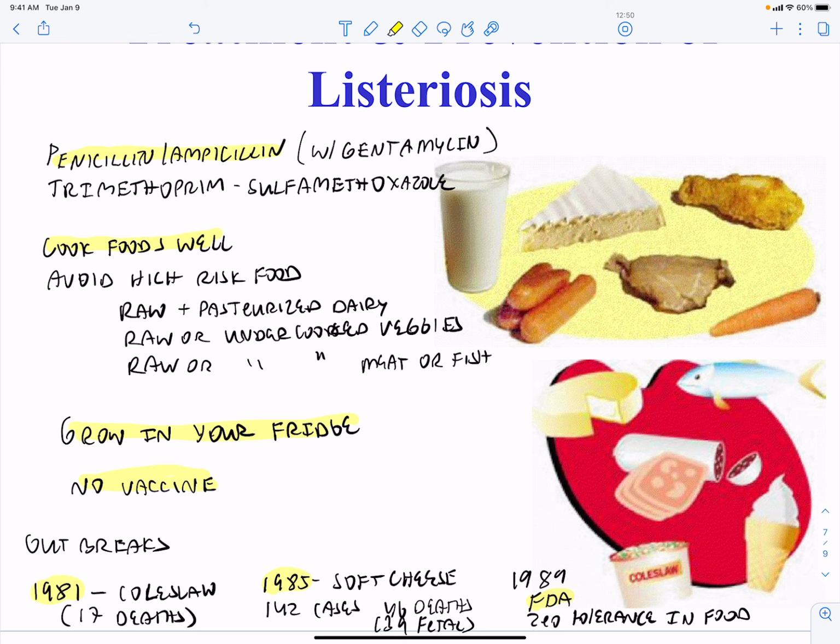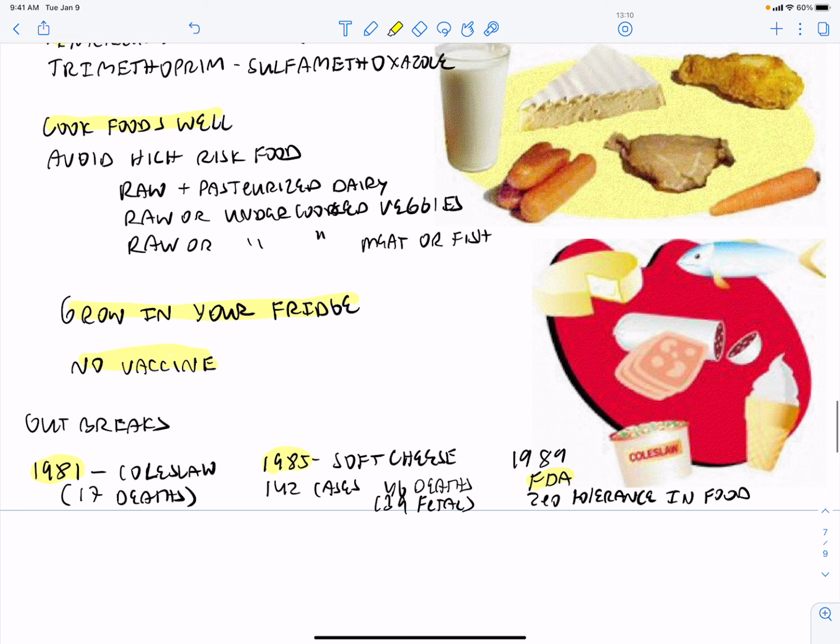The Jensen farm was associated with cantaloupes. And so these people were actually fined with respect to the outbreak. So this is still a very common foodborne pathogen, and we still have to be vigilant, especially in those at-risk individuals, at-risk groups.